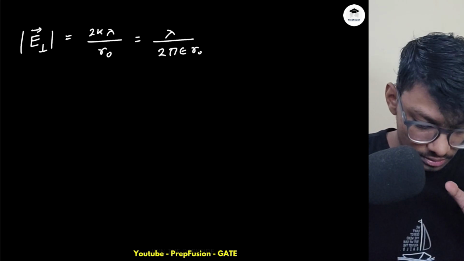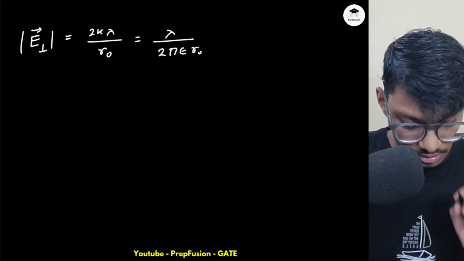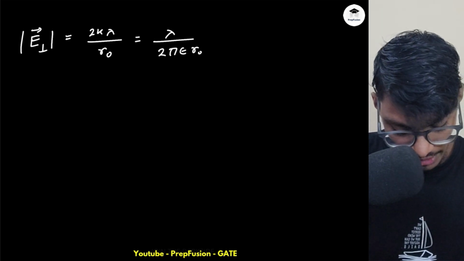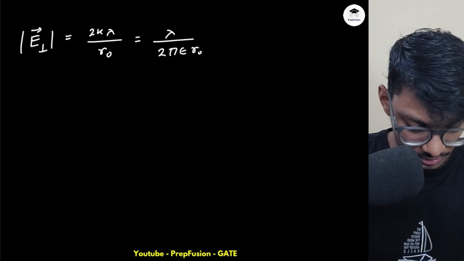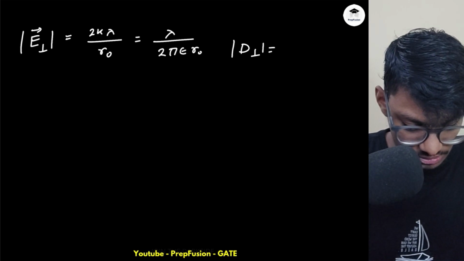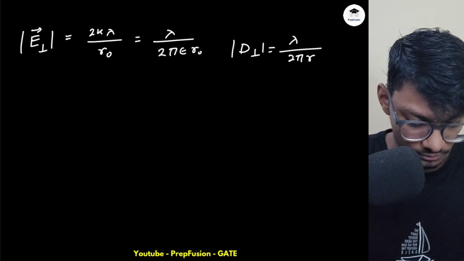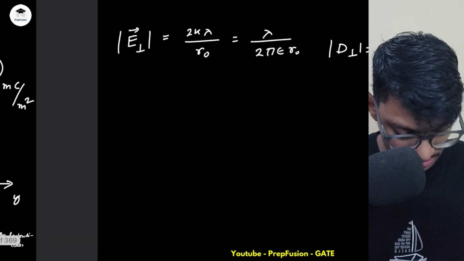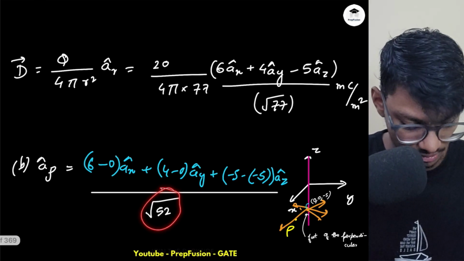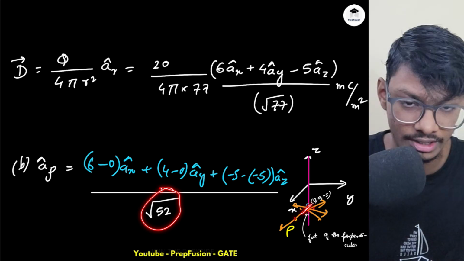Okay, this was the reduced format. Now here I have to multiply epsilon as well, so my D perpendicular magnitude will be independent of epsilon, so it will be 2 pi r naught. R naught is what? R naught is basically this distance, the distance between the foot of the perpendicular and the point P.